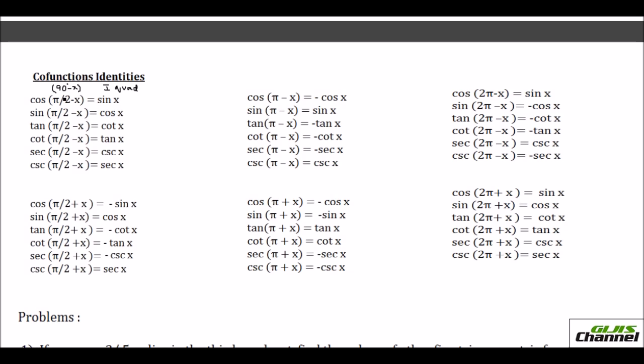I said at 90 and 270, the ratios change. So now I would write the cos as sin x, sine as cos x, tan as cot x, cot as tan x. Secant will become cosecant and cosecant becomes secant. Now you have to fix the sign. Since it is in the first quadrant, all your ratios are positive. So you can see that all these are positive. Understood? So this is done.